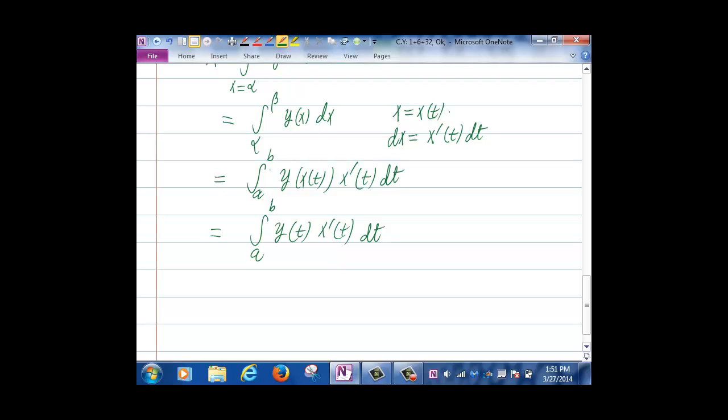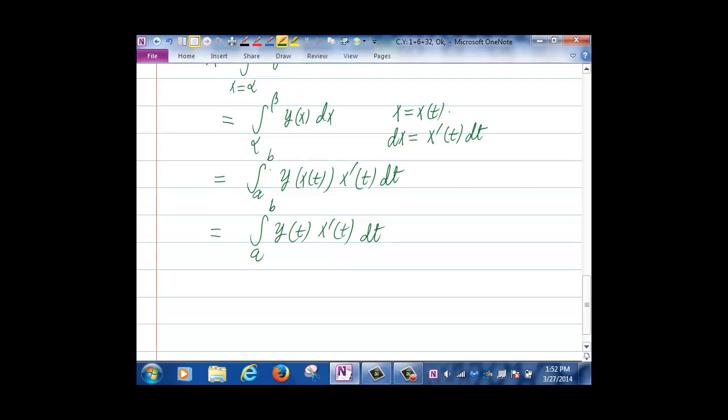Right. So what I'm saying is we are integrating y of x, right? So suppose that x is given in terms of a formula in t. Suppose that y is like x squared, and let's suppose that x is equal to sine t.